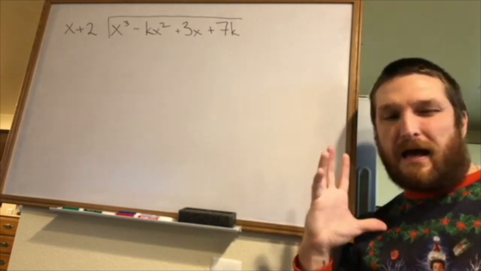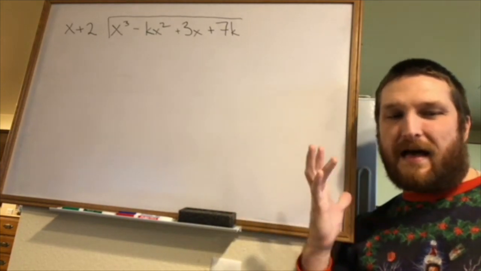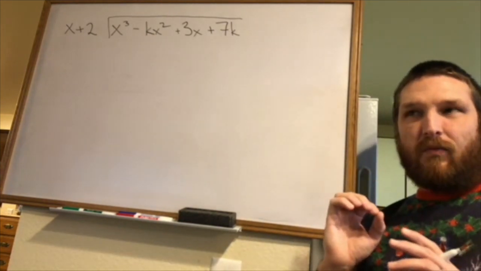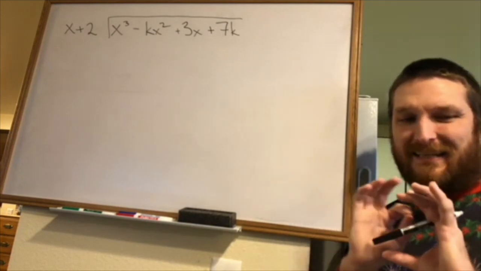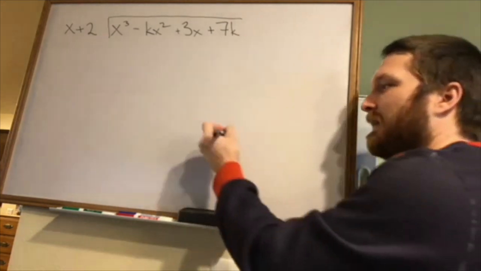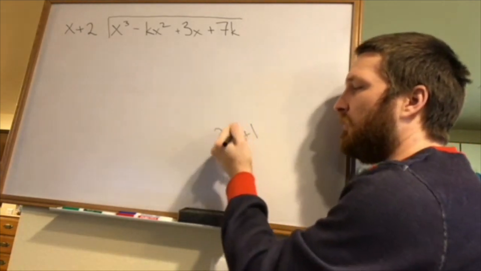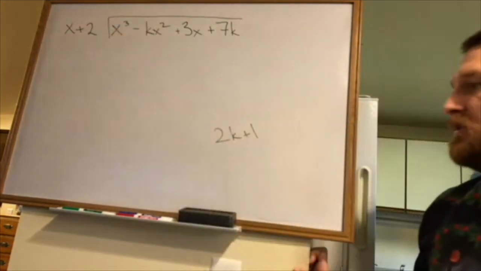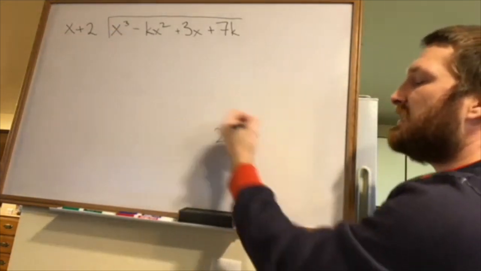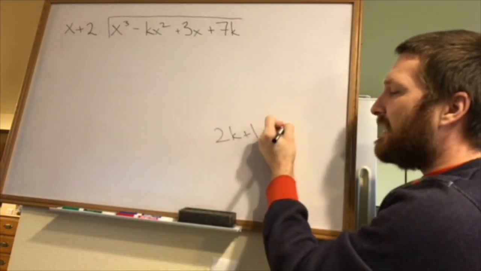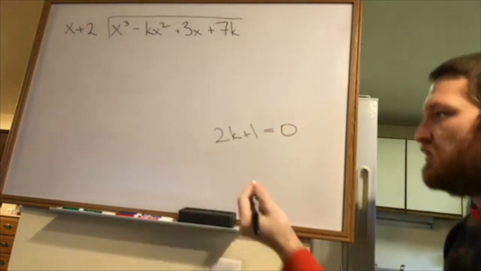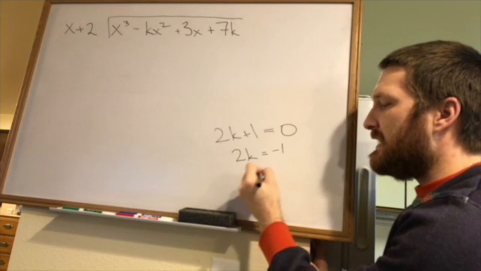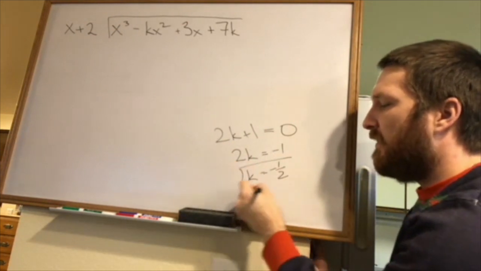That is what this is saying, find a value of k. I'm not 100% sure what that means right now, but I'm hoping I end up with something that only has a k in it. Maybe something like 2k plus 1 will be my remainder. If I set that equal to 0, then 2k equals -1, so k equals -1/2.